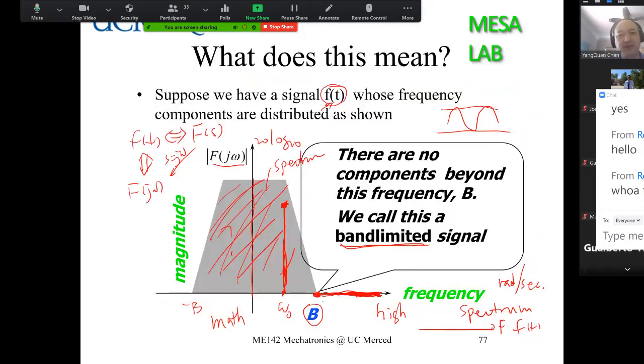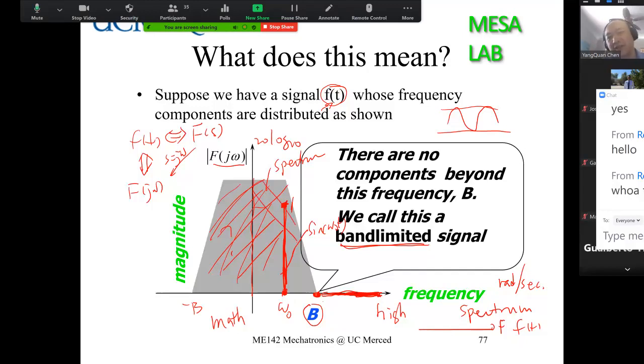So let's focus on this case. For example, if you have only a sinusoid, sine omega 0 t, then this is the omega axis, and you have a bar in here, okay?